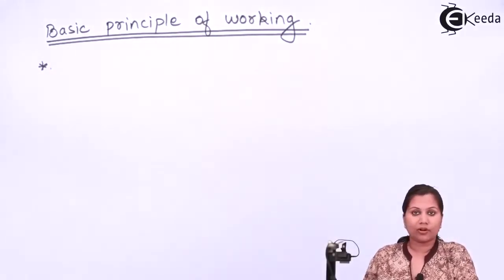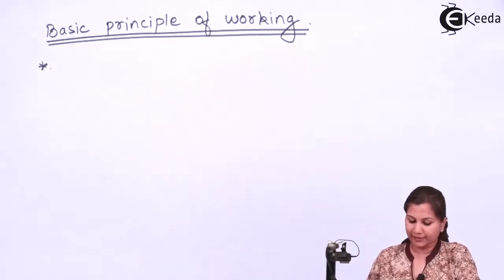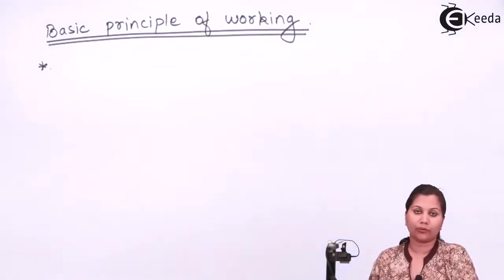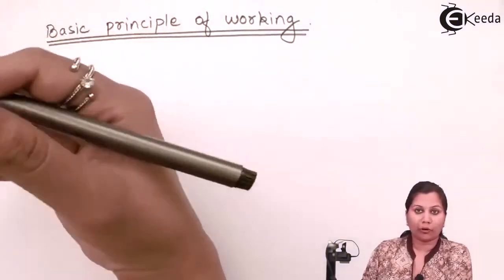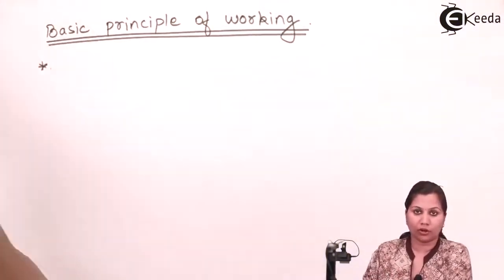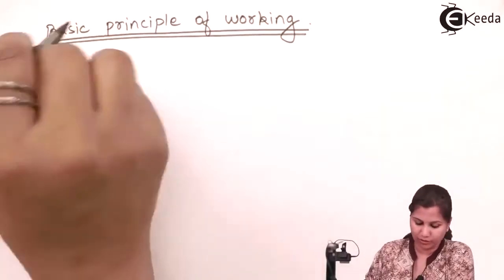As these orifice plates are acting as an obstruction in the path of the fluid flow, due to that obstruction, changes in the velocity of the fluid are caused.